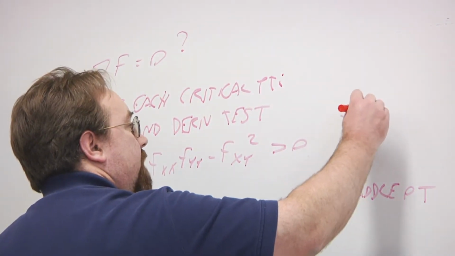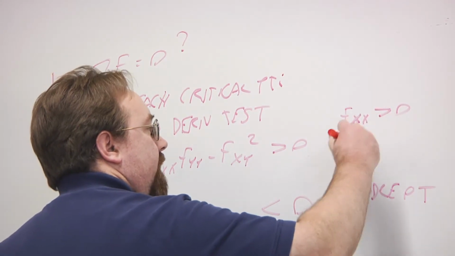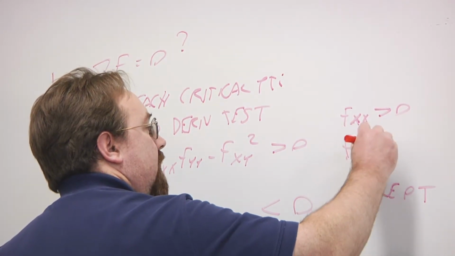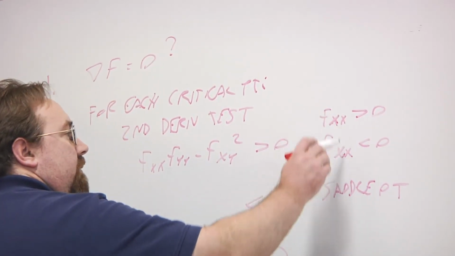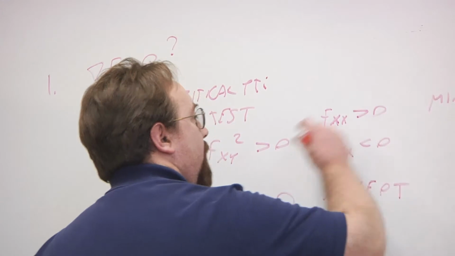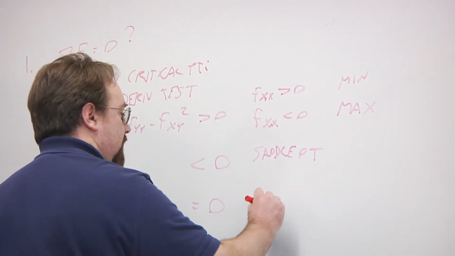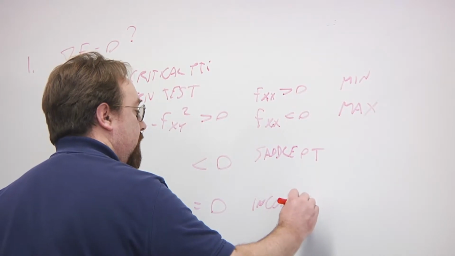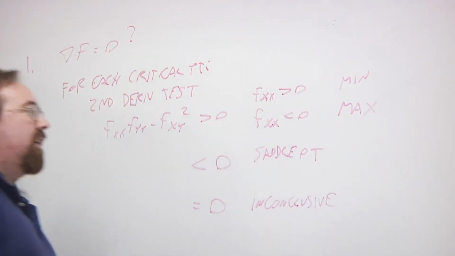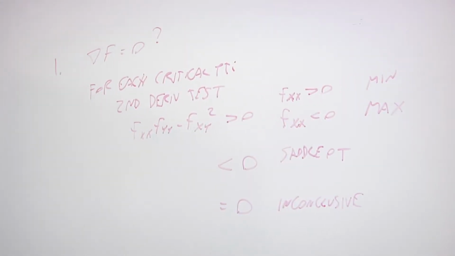If it's positive, then you check just the fxx by itself. So if both these are positive, it's a min, or it's a max, and here, inconclusive. So we're just going to find where the gradient equals 0 and classify all the points.